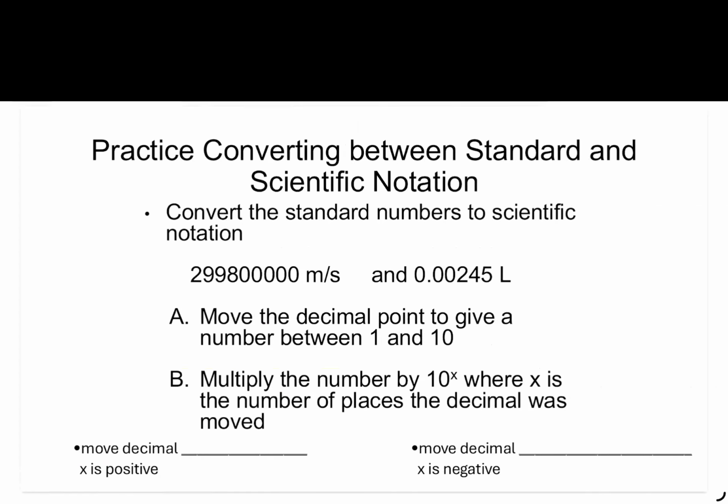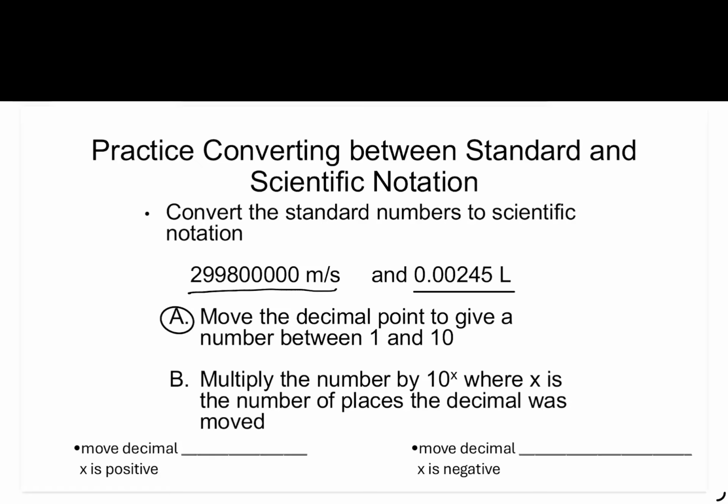Here are some examples. I have two numbers here. The large number on the left is the speed of light in meters per second, and then I have a very small volume. I'm going to focus on the first number. Move the decimal point to give a number between 1 and 10. This is step A. It says move the decimal point, but there isn't a decimal point.